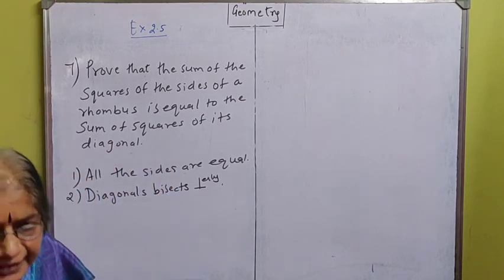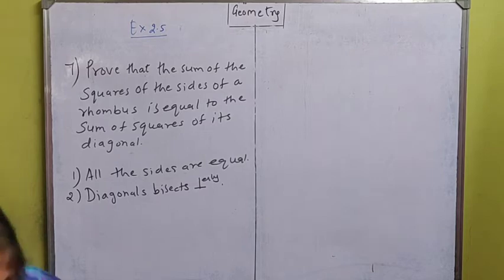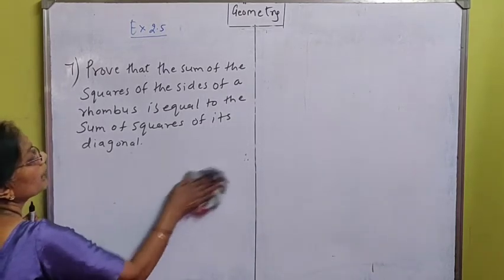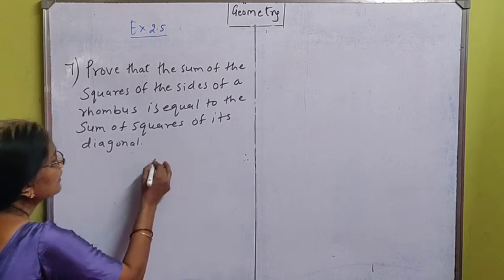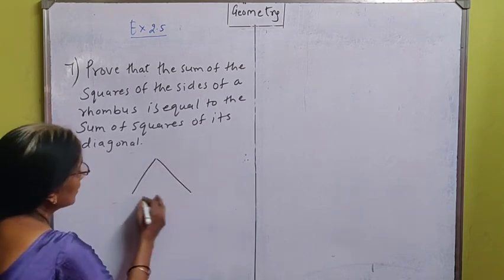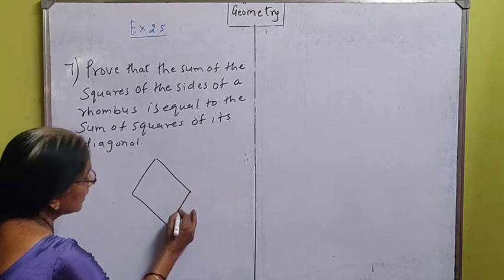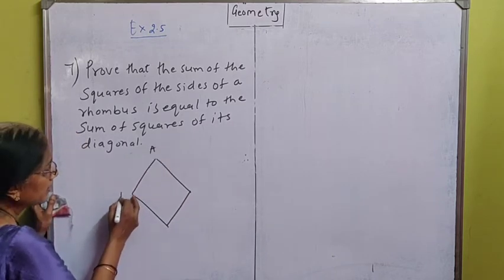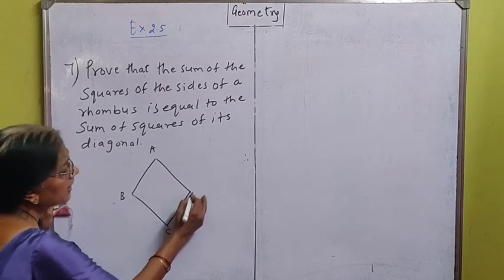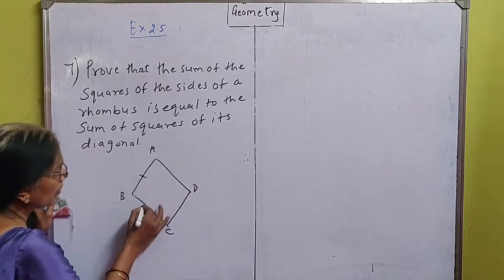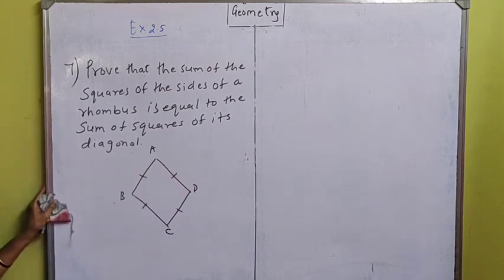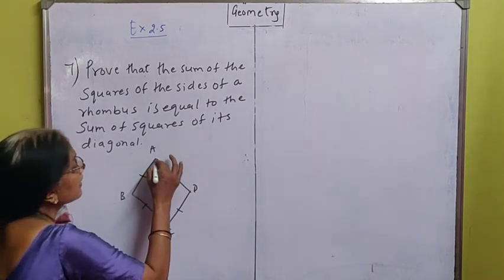So now let us see the figure of the rhombus. How is the figure of the rhombus? Let us see. So this is called a rhombus. Let us name it as A, B, C and D. All the sides are equal. First property I showed. Second property, diagonals.